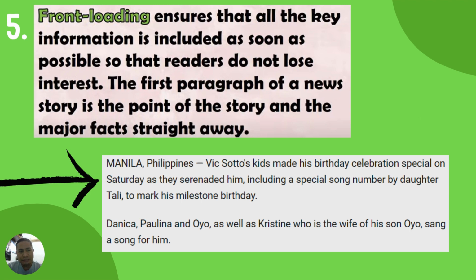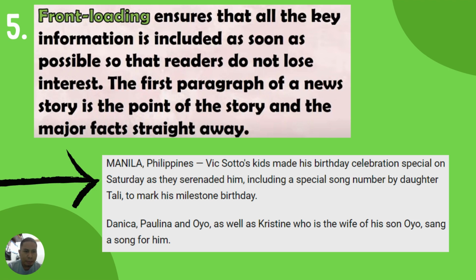From the word itself, front, first paragraph of the news, first sentence of the news. We can find that in the column. So the first sentence or the first paragraph of the column, we call that front loading.